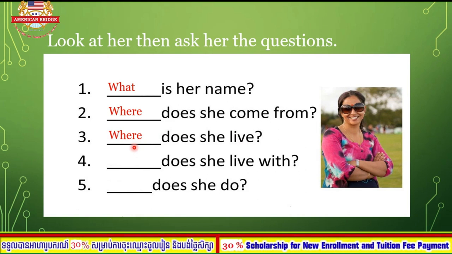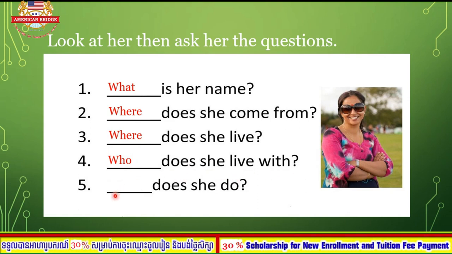How about number 4, everyone? Does she live with? Live with here means live with someone, about a person, right? So when we want to know about persons, we need to use who. Who does she live with? Again, who does she live with, right?